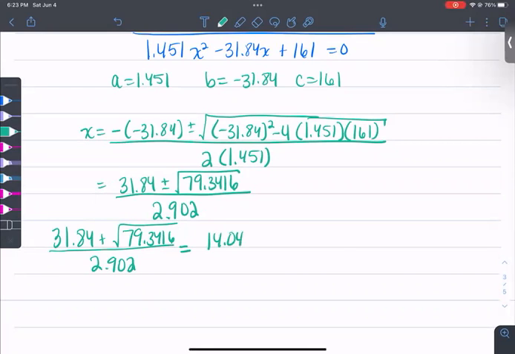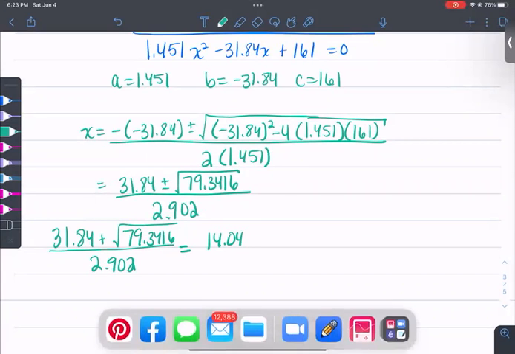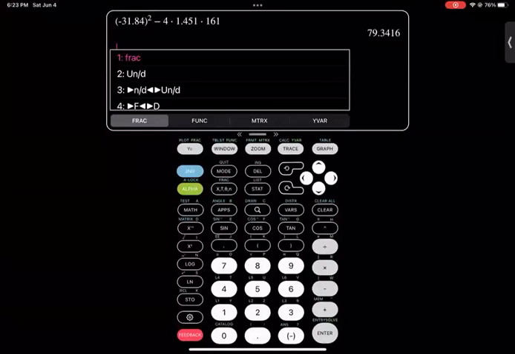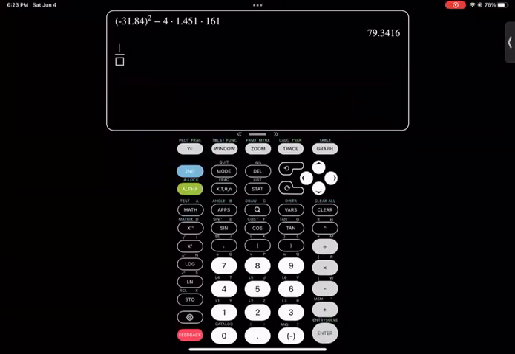Make sure you practice doing that calculation and getting that answer. If your calculator has been updated, you can push alpha y equals, and then that first option that says frac will give you fraction boxes, so you can do this calculation, all over 2.902, and you'll get that 14.04 that I wrote down.